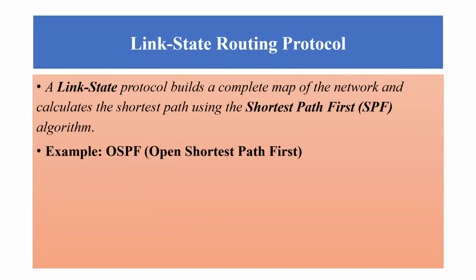Then we have the link state routing protocol. A typical example is the OSPF, which is Open Shortest Path First. This type is used to build a complex or complete network where the paths are determined by the algorithm to know the best path to be used at a particular time. Okay.